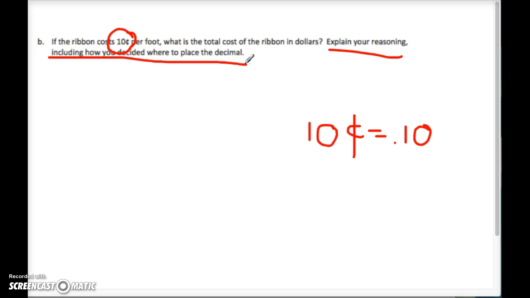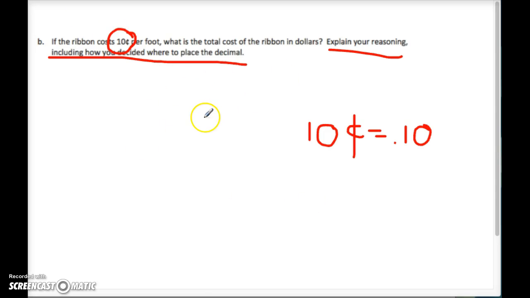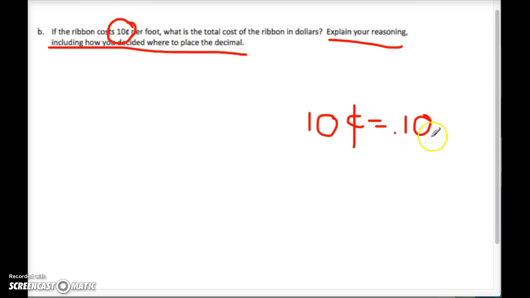So you're going to talk about how much money this is and where you put the decimal in that answer. And you're going to be using that answer from over here. I know that some people I had did the right math, but because they had the wrong number for part A, they had the wrong answer for part B. So if you had the right math but wrong numbers, I'd encourage you to change that around. Since it's mental, with the exception of putting that decimal point, it shouldn't take you too long.